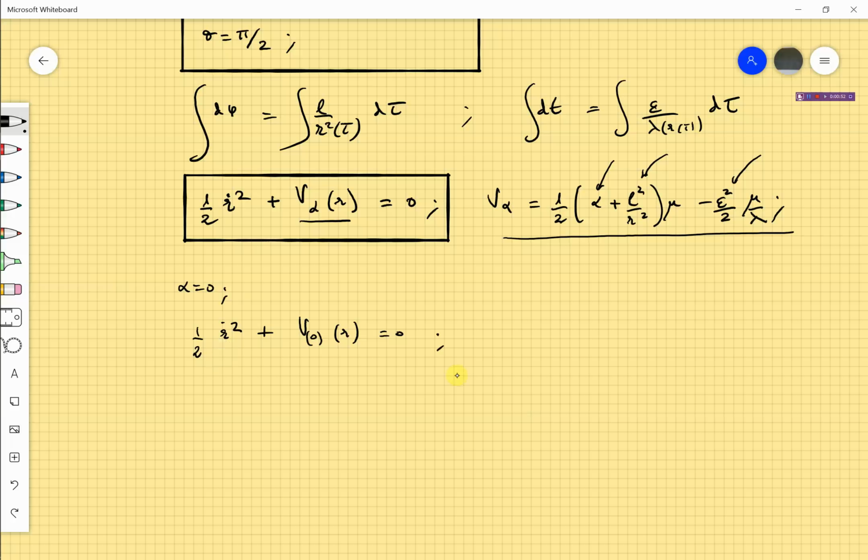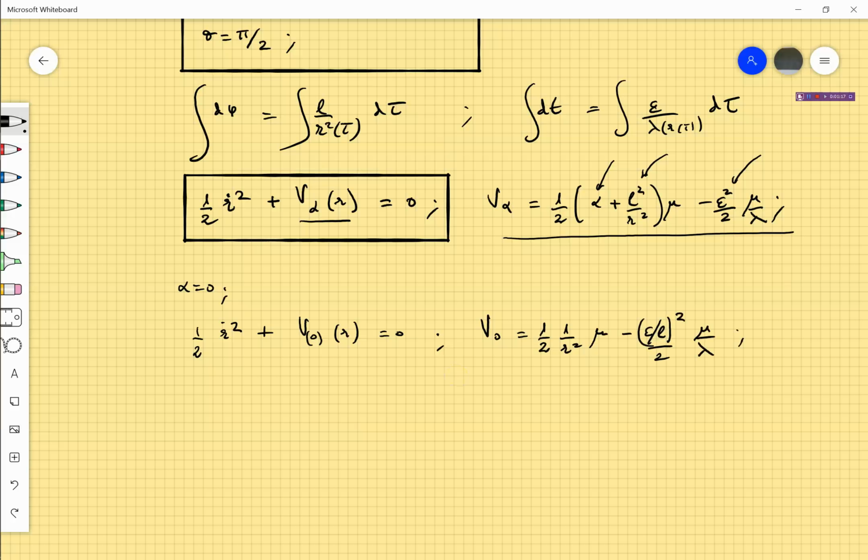And now V0 after I divide by L squared becomes half of mu minus epsilon over L squared, over 2 mu divided by lambda.